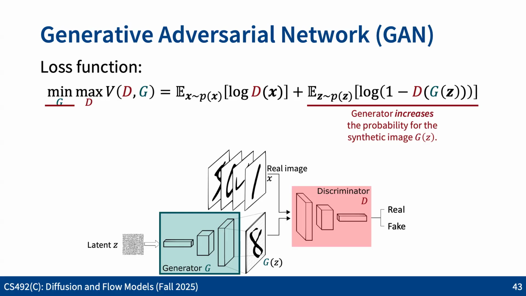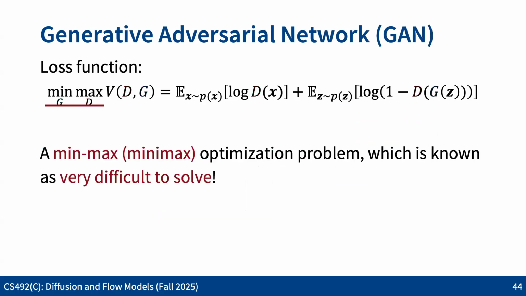So we can see a competition between the discriminator and the generator in this loss function, right? This is an optimization problem that combines both minimization and maximization. For some parameters of the neural network, we are maximizing this whole loss function, and for some other part of the neural network, we are minimizing this loss function.